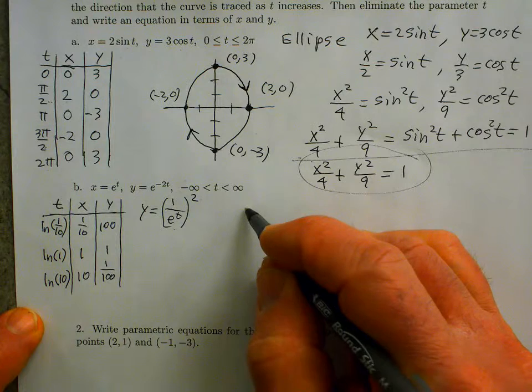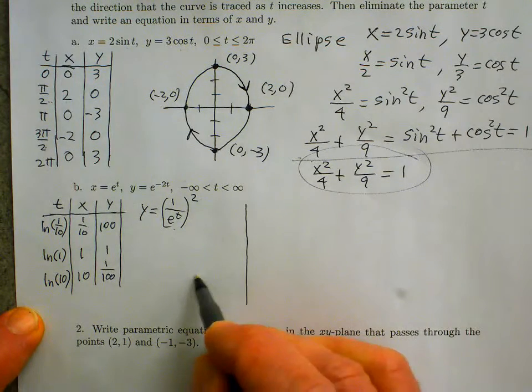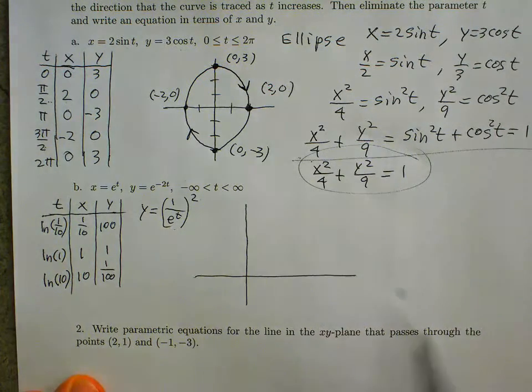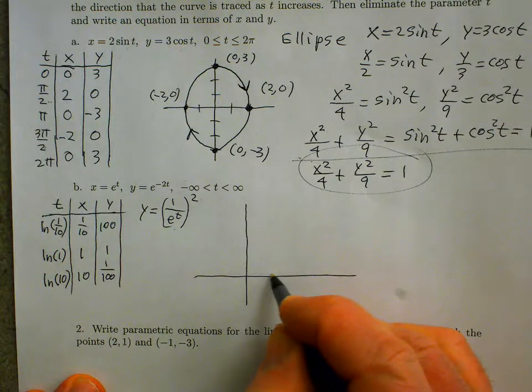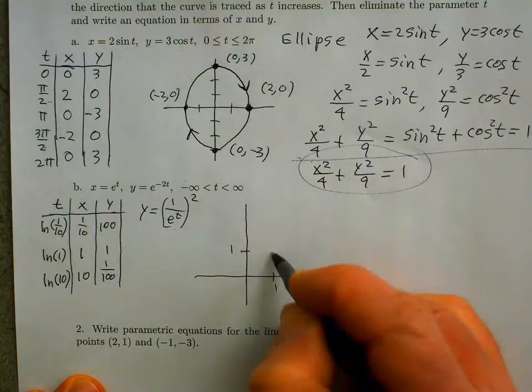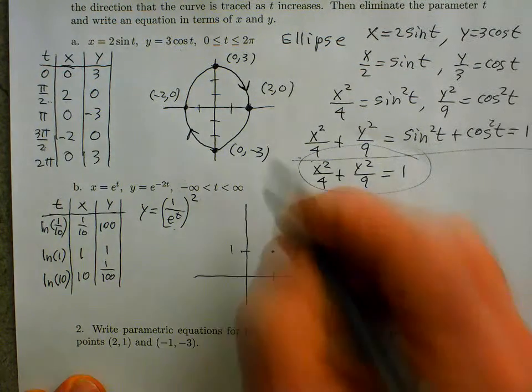Okay, so we can sort of get an idea of the graph. So x is always positive. y is always positive. When x is 1/10, the y value is off the grid.